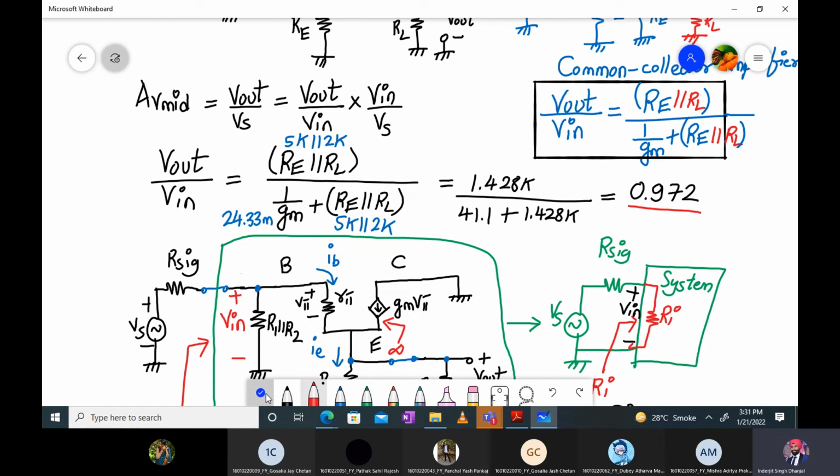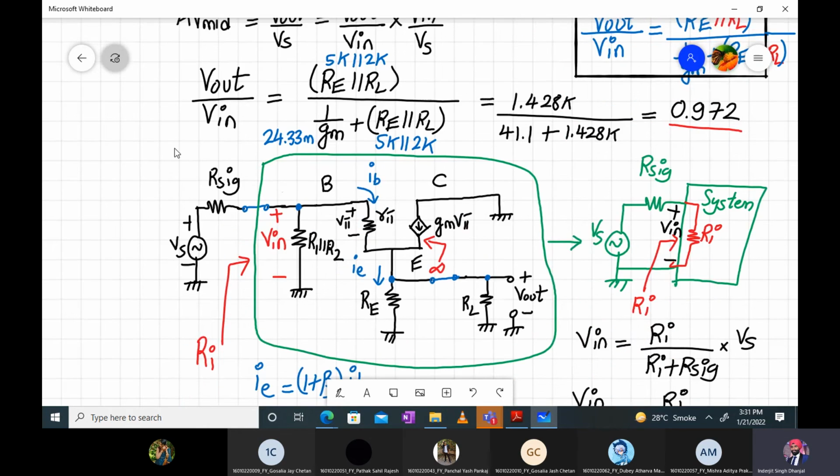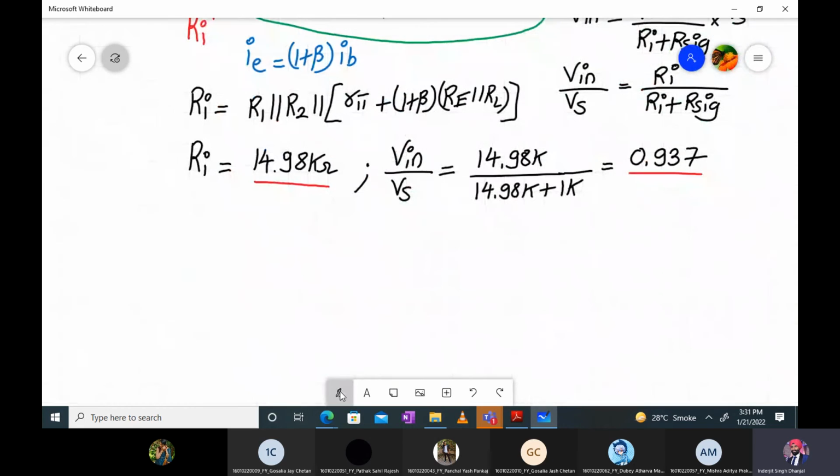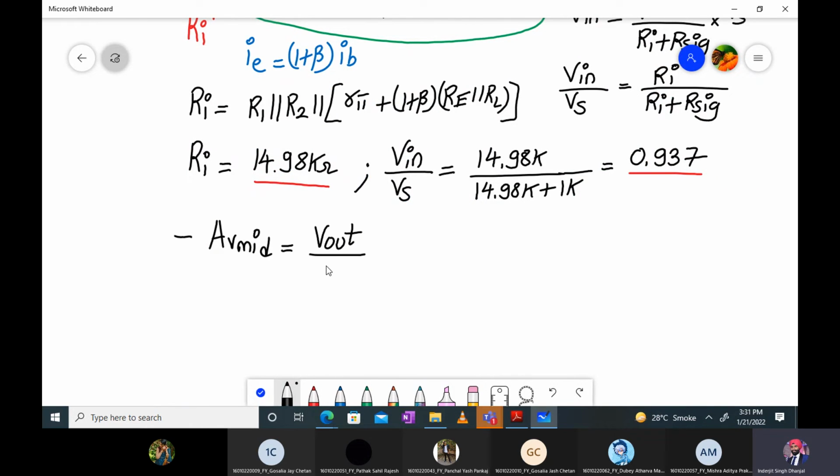So now we know the value of Vout upon Vin and Vin upon Vs, we can calculate Av mid, and that's the requirement which we have to fulfill. Finally, we will have Av mid, which will be Vout upon Vin into Vin upon Vs. Vout upon Vin value was how much? 0.972, and Vin upon Vs value is 0.937.